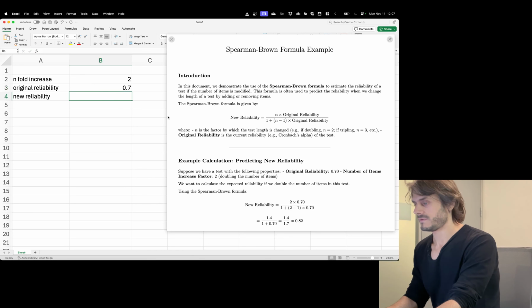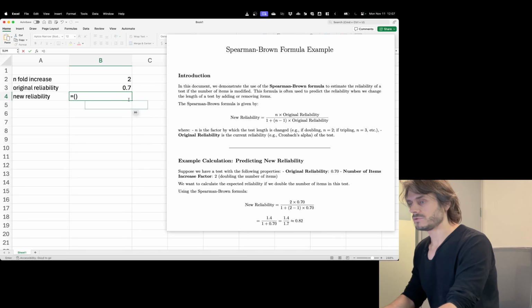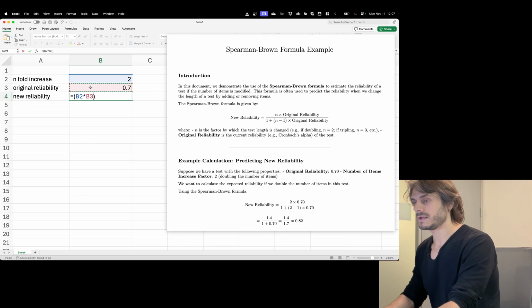So we have equal. I'm going to start with the numerator. At the numerator, I have right here the n-fold increase times the original reliability, which is what I have here. And then at the denominator, I'm going to open and close parentheses.